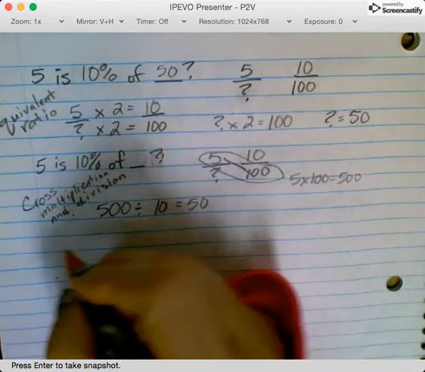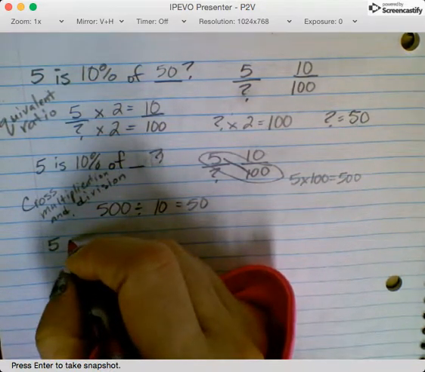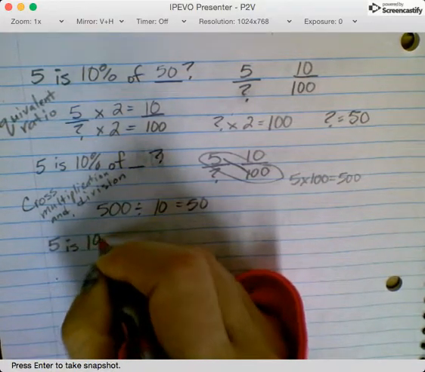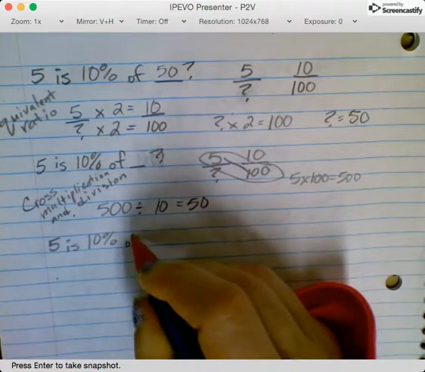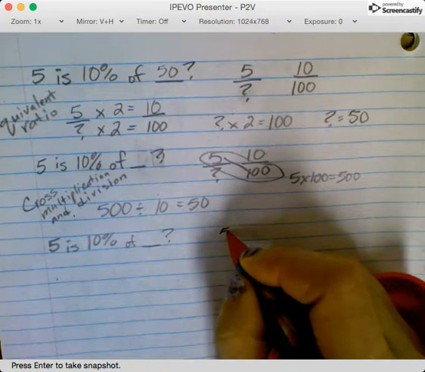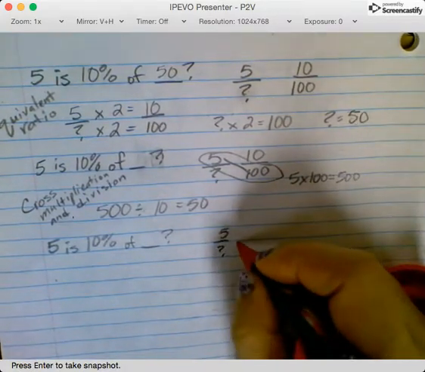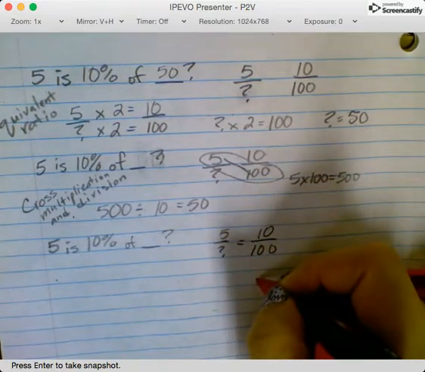So I'm going to use the same example. Again, I'm going to start out the same way: 5 over what equals 10 over 100.